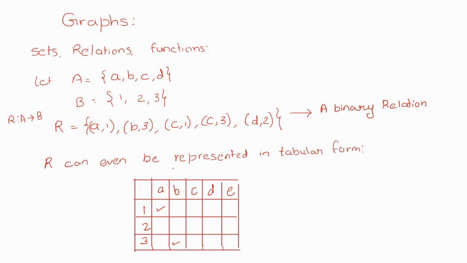Then what remains is (c, 1), and then (c, 3), and then (d, 2). Oh, sorry, there is no e column. That's my mistake, there is no e column in it. So this is how we have represented it in tabular form. Excuse me for this, I drew it by mistake.